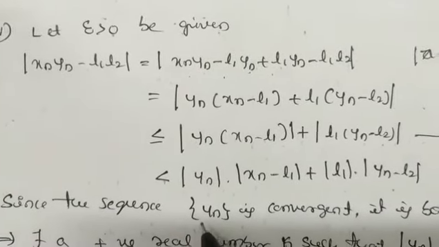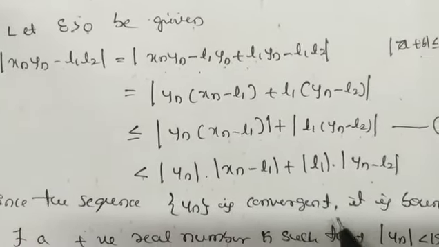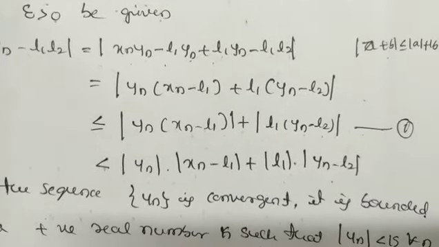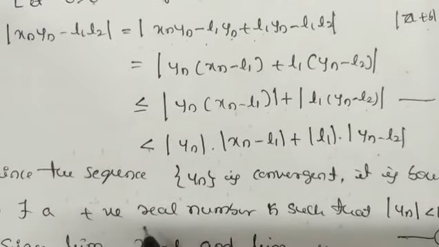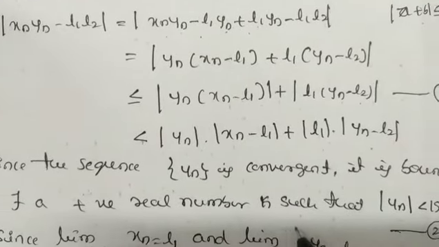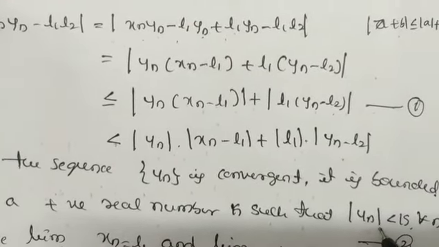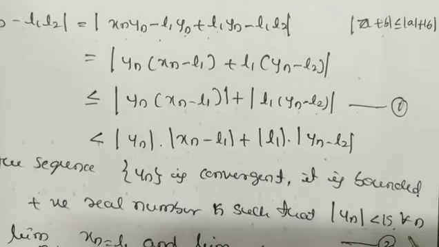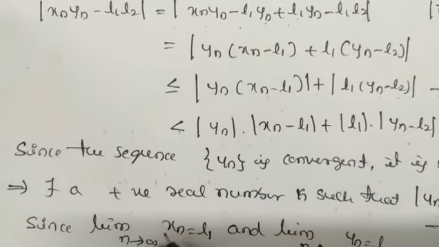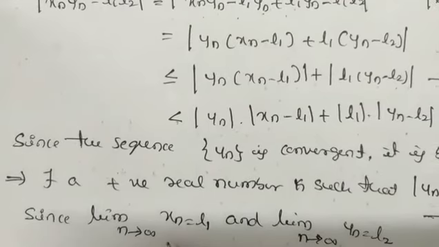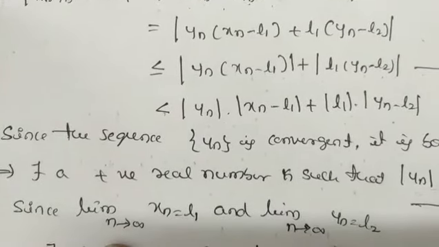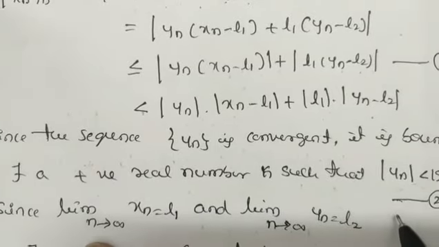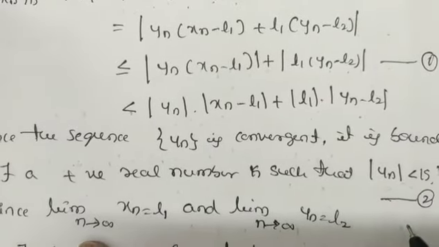Since the sequence yn is convergent, it is bounded, therefore there exists a positive real number k such that mod of yn is less than k for all n. Since limit as n tends to infinity of xn is equal to L1 and limit as n tends to infinity of yn is equal to L2, let us take this as equation number 2.